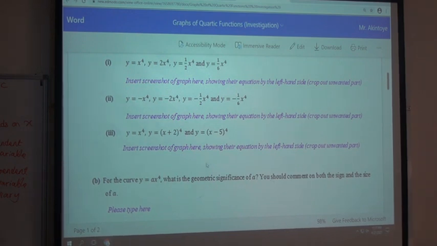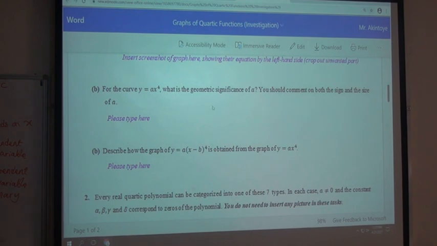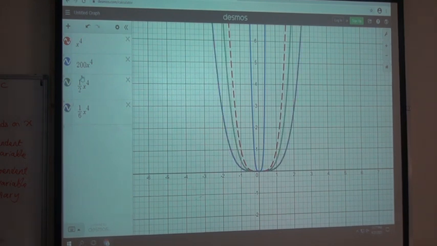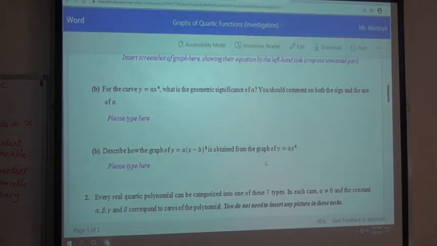Now, it says, what is the significance of A? Who wants to comment on that? Significance of A. What is the significance of A?